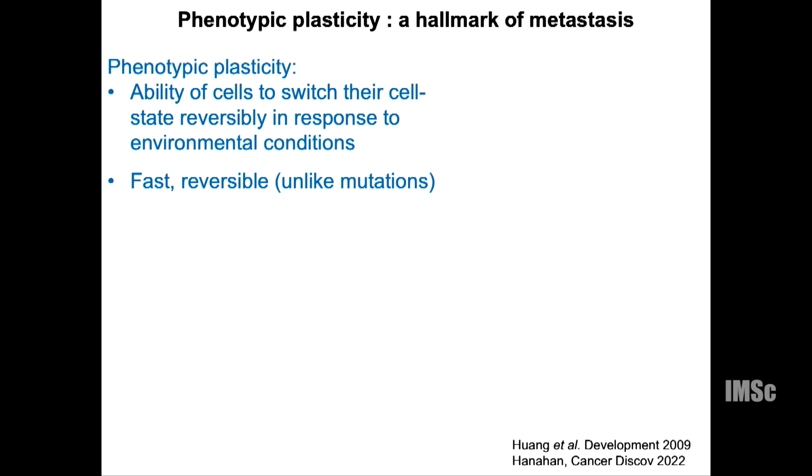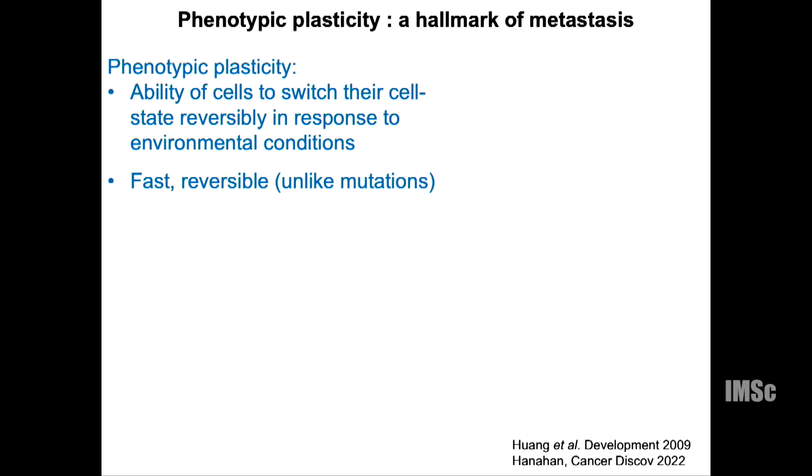So what has been realized now is that it's the phenotypic plasticity, or the ability of cells to switch their behavior or switch their phenotype in a reversible manner, which is important for metastasis, because there are two advantages that this dynamics offers, which mutations do not offer. First of all, this is fast, right? So a cell could change its phenotype rather quickly in response to its environment.